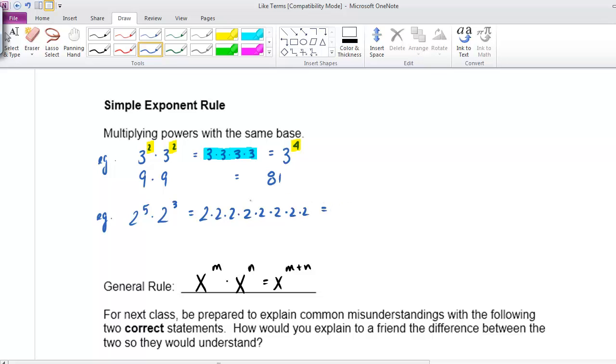And if we use the basic definition of an exponent as a repeated multiplication, the base is what you're multiplying and how many times is our exponent. We get 2 to the 8. If you use your calculator, 2 to the 5 is 32 and 2 cubed is 8, and that is equal to 256. And if you punched 2 to the power 8 into your calculator, you get 256 as well. So here's a quick refresher on a simple exponent rule that we're going to use and need to use a lot.